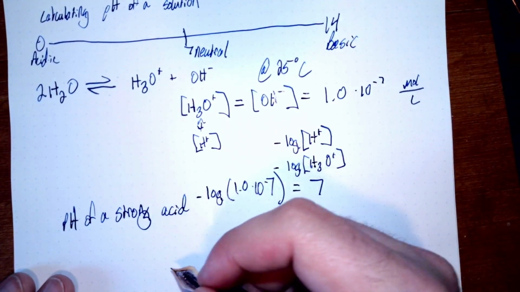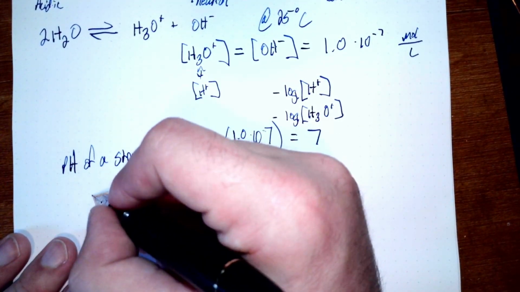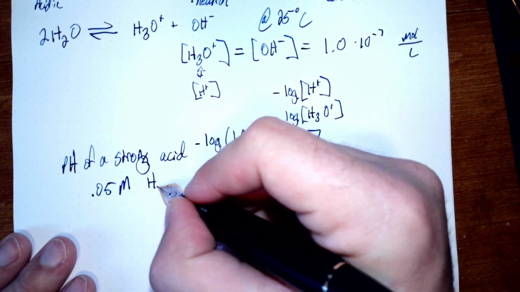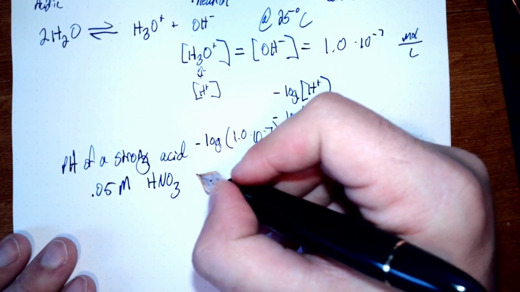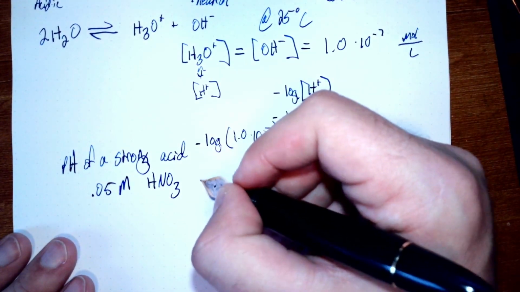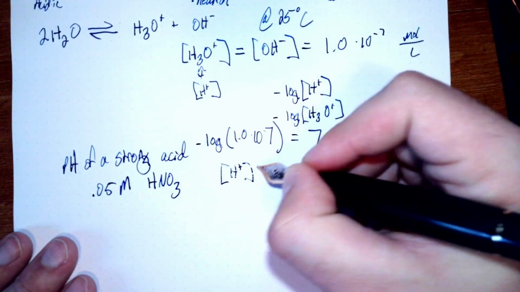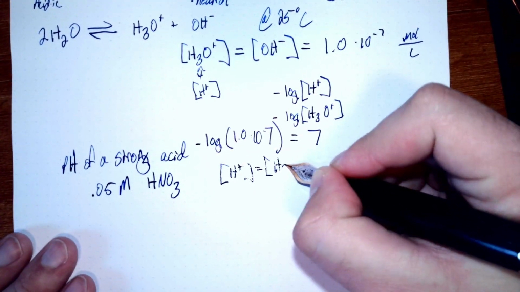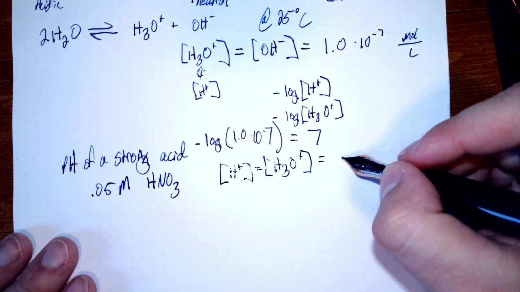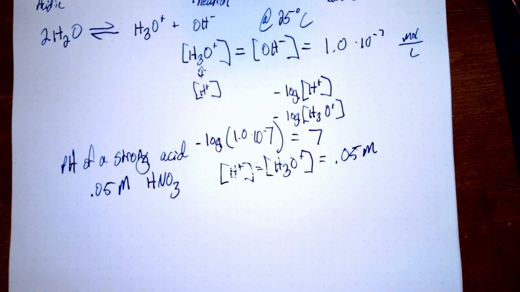Now, when we have a strong acid, let's say that we have a 0.05 molar solution of HNO3. That means that our H plus concentration, which again we can use interchangeably with our H3O plus concentration, is going to be equal to 0.05 molar.